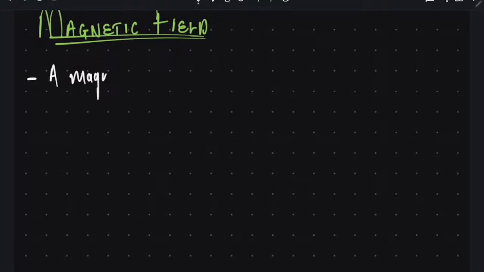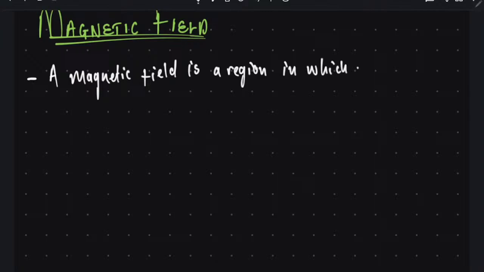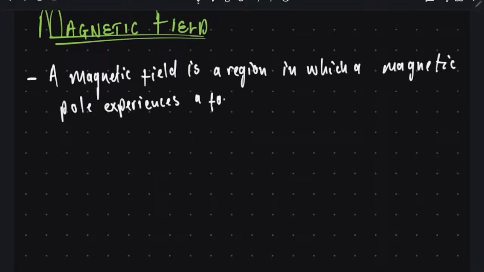A magnetic field is a region in which a magnetic pole experiences a force. Okay, everybody?